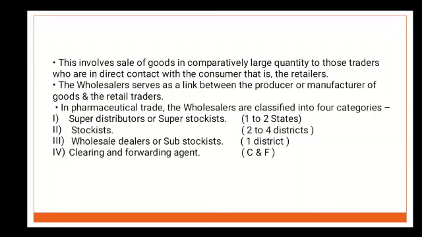Second, stockist. A stockist may be appointed by the manufacturer or wholesaler. He covers 2 to 4 districts in a state. Third, wholesale dealers or sub-stockists. They are appointed by the super stockist or stockist. They cover distribution in one district only.